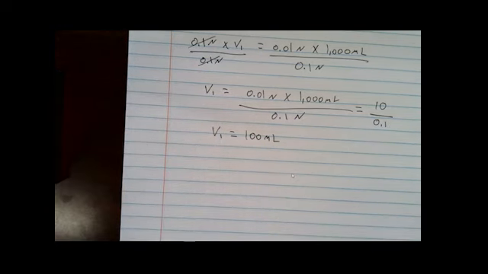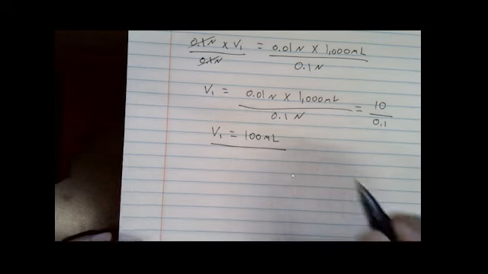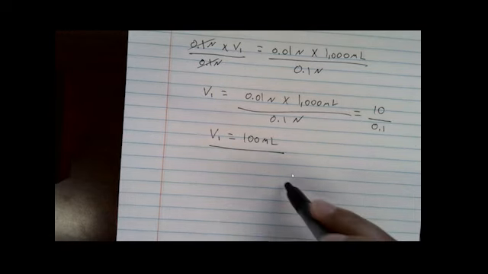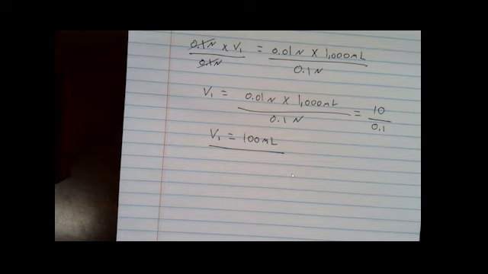Now, what does that mean? What does 100 milliliters mean? 100 milliliters, that is the amount of the higher concentration solution that you need to take, that's a sample, and dilute that to 1000 milliliters to get that 0.01 normality solution, right?